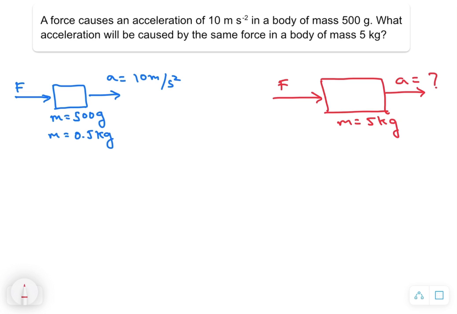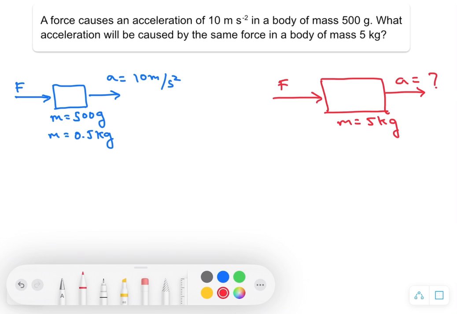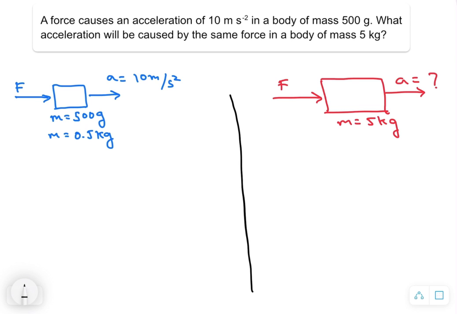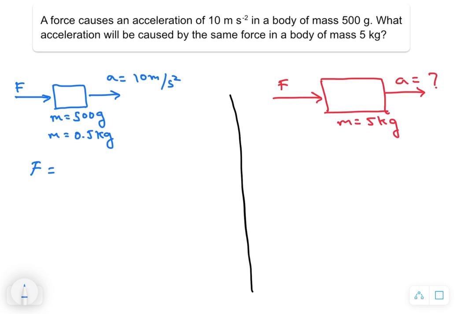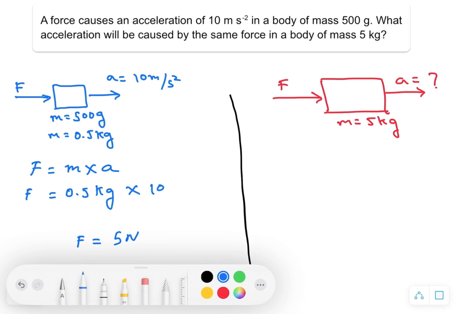That's what we need to find. First, let us calculate the force. Force is the product of mass and acceleration. Mass of this body is 0.5 kg and acceleration is 10 meters per second square. So the force will be equal to 5 newtons.